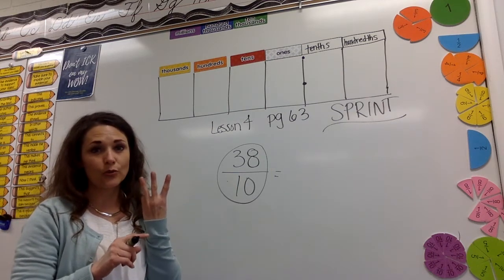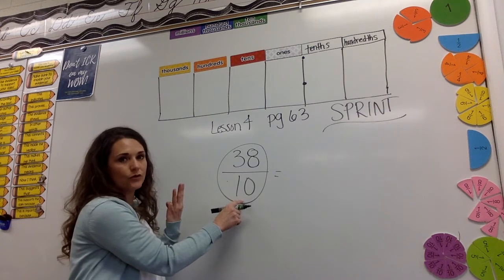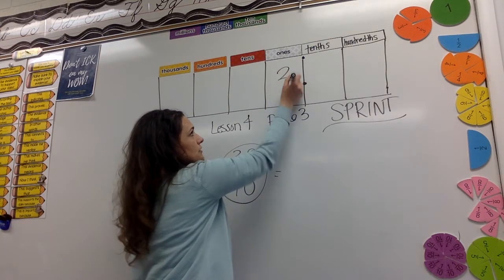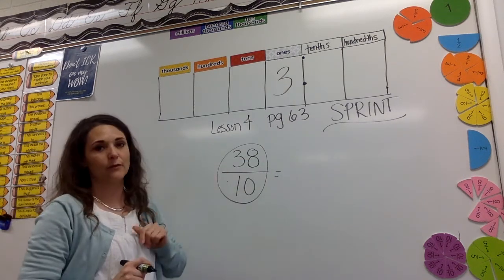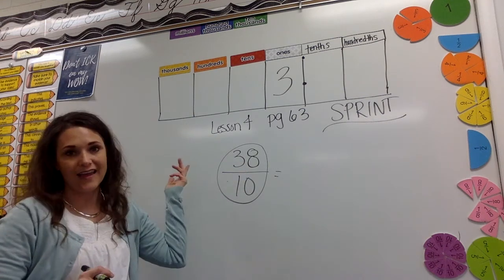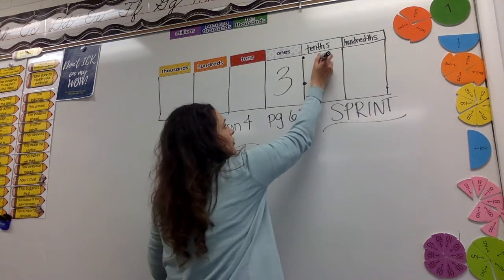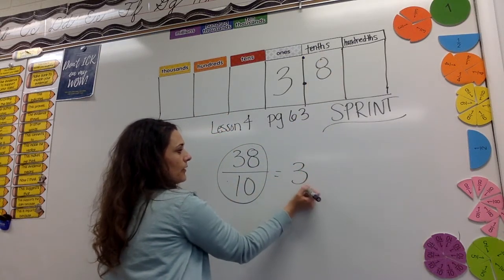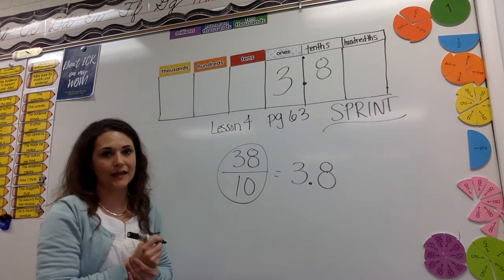So I have 3 groups of 10 in there. So I know I have 3 wholes in there. So I could put 3 wholes, and then what do I have left over? Well, I've already used up 30 of my 38, so I just have 8 left. So 8/10 left. So I could put that in the tenths place, 3.8 would be my answer for that.